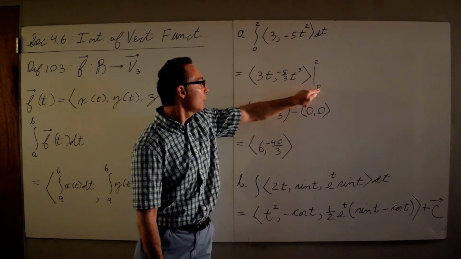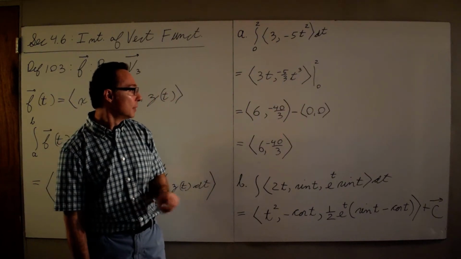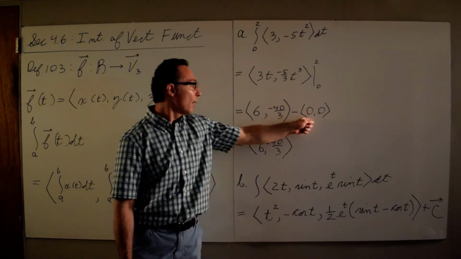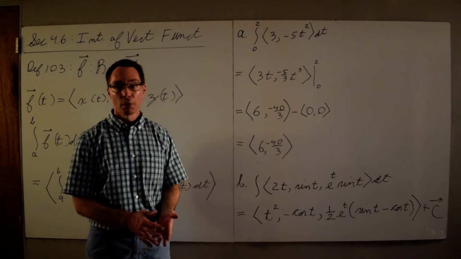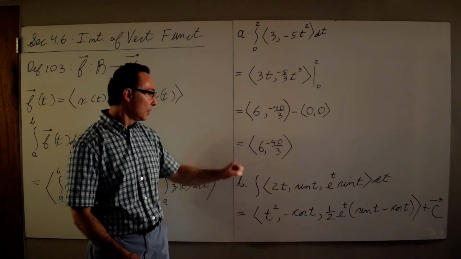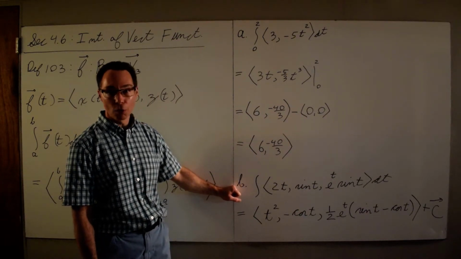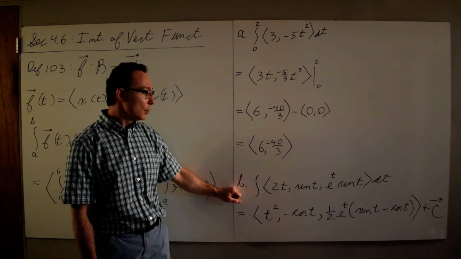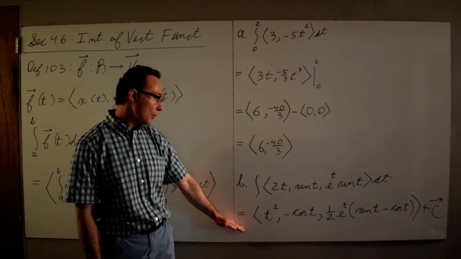We're going to evaluate this at 2, evaluate it at 0, and subtract, and we have a vector. When you calculate the definite integral of a vector valued function, you get a vector. When you calculate the indefinite integral of a vector valued function, you get a vector valued function, or actually a class of vector valued functions.